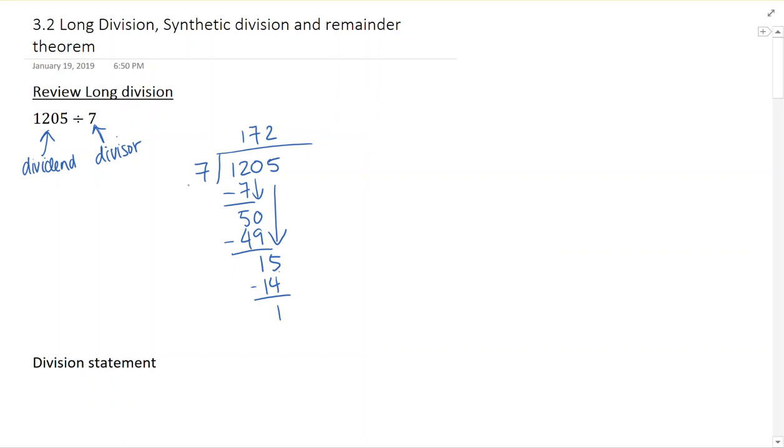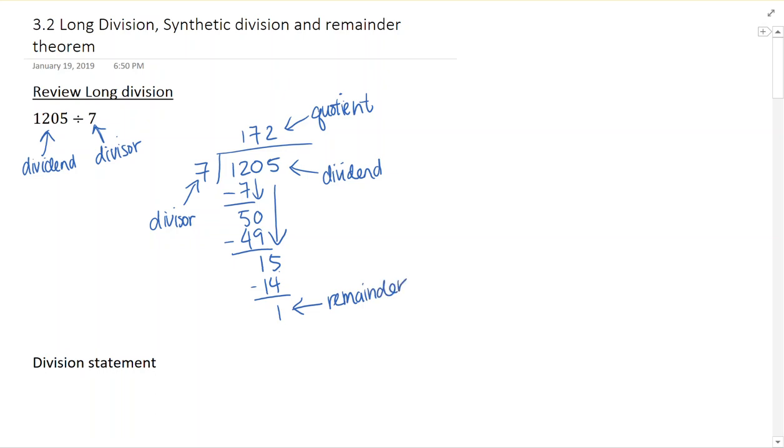So again, we already know the number in here is the dividend. The number out here is the divisor. The answer you get from a division question is what we call the quotient. And that number that is left over is called the remainder.